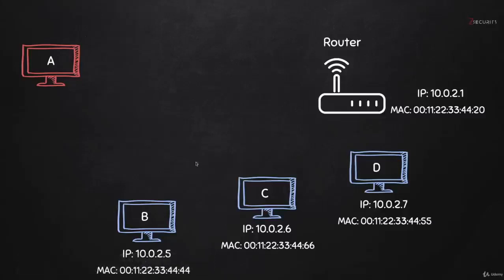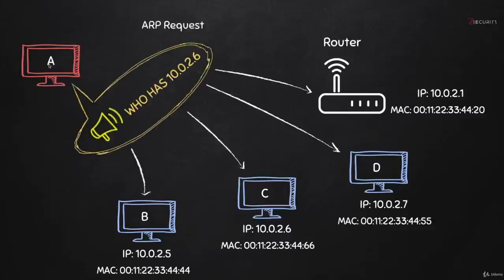So this is a perfectly normal situation where we have a client that needs to know the MAC address of another client so that it can communicate with this client. So what this client does, it uses the ARP protocol. What do I mean by that? Basically, it sends a broadcast message. So it sends an ARP request to all the clients on the network saying, who has 10.0.0.26?